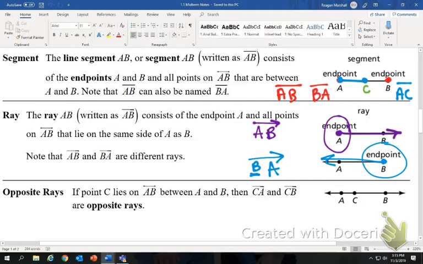The last one are opposite rays. So 3 things happen when you have opposite rays. They have, it's like a bullet point, the same endpoint. They are collinear. And they go in opposite directions.